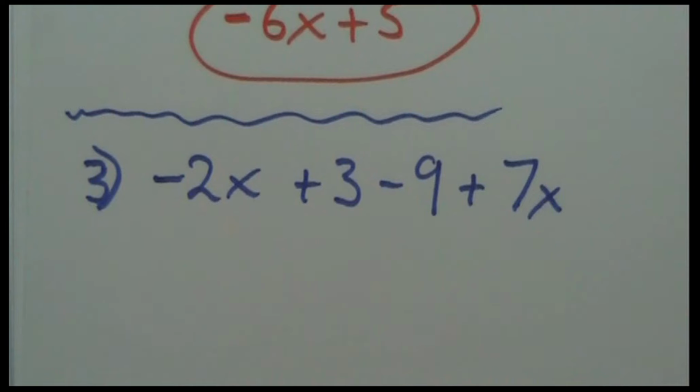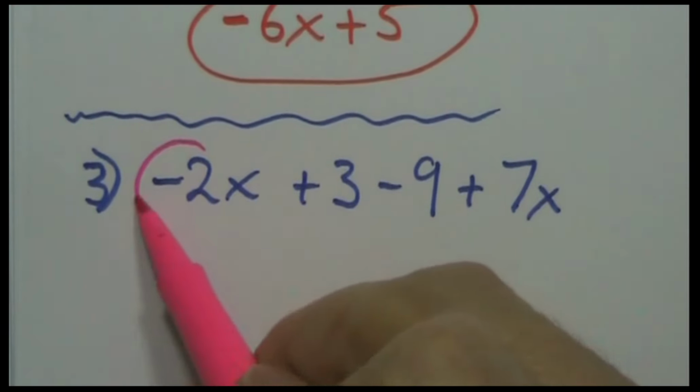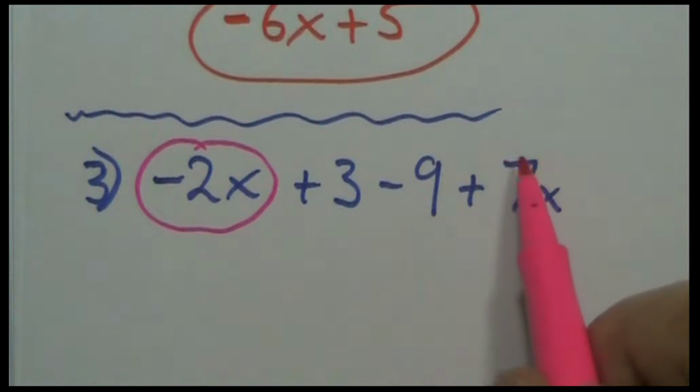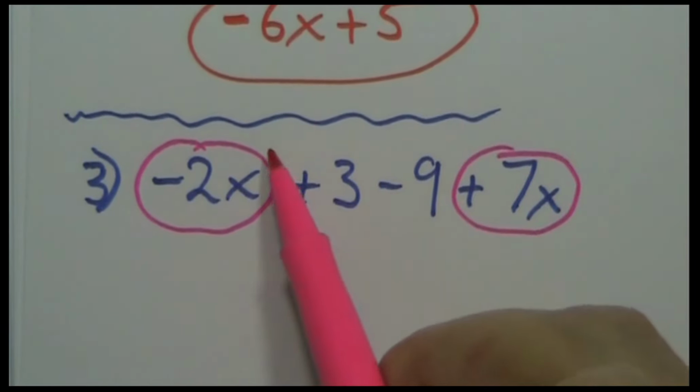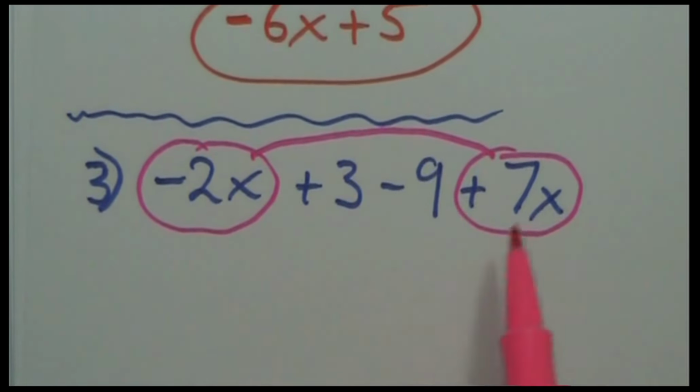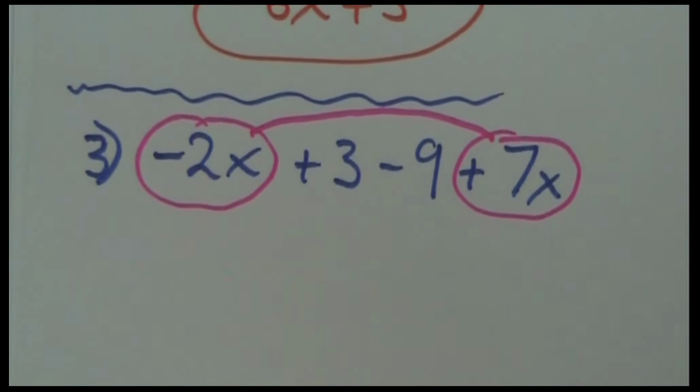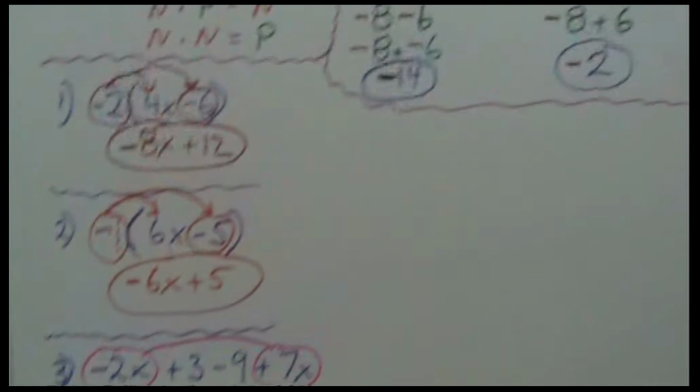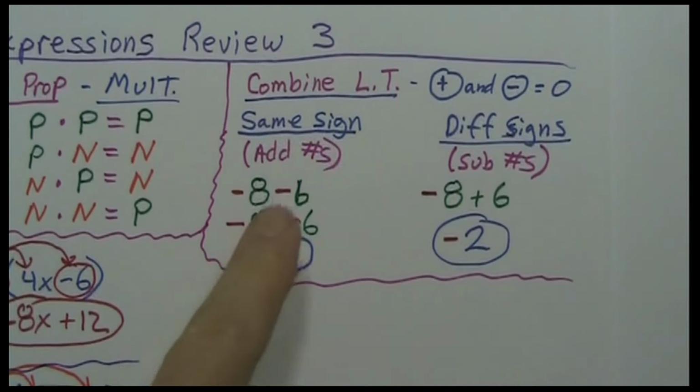Okay, so now we want to combine like terms. I have negative 2x and a positive 7x. Put those together. Now notice they're different signs, so we're using these rules right here.